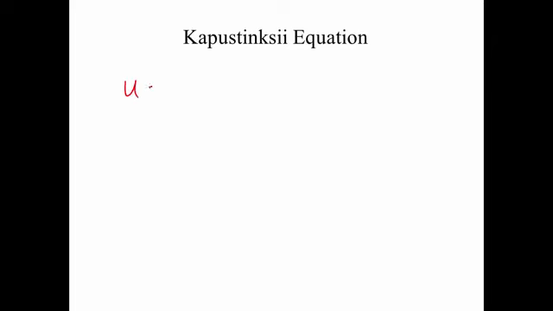The Kapustinskii equation has another constant, the Kapustinskii constant, a factor gamma, again the charges of the ions, the ionic radii, and another repulsion, Born repulsion factor, slightly different than what we saw before.